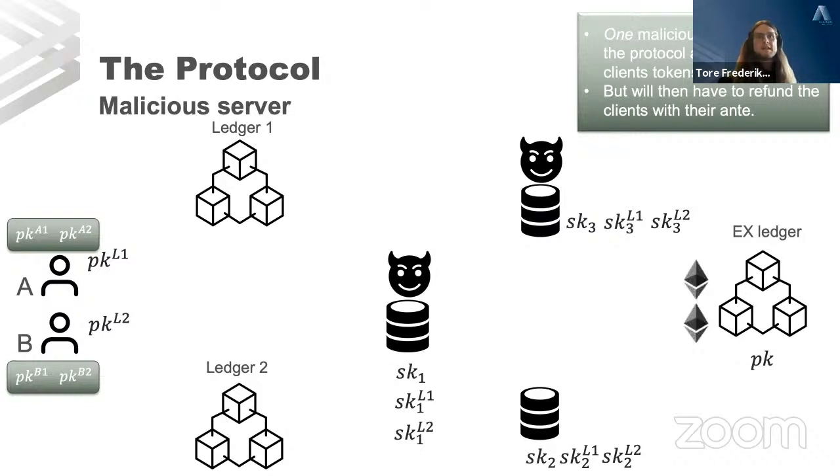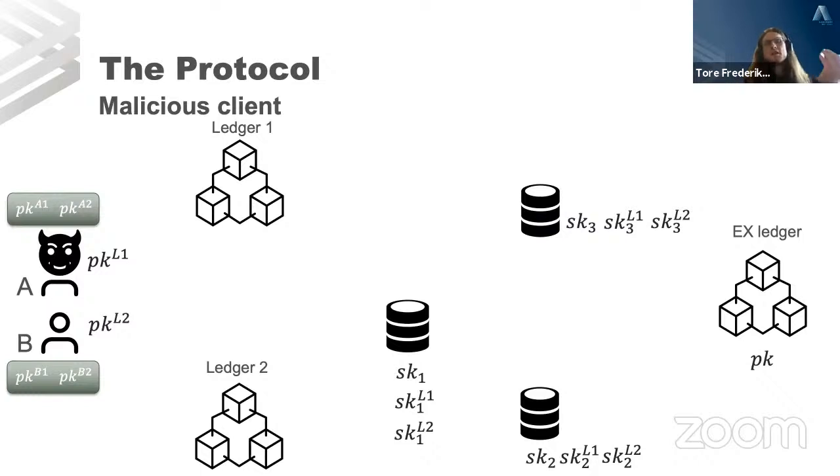This claim will involve the information and the distributed signatures all the servers have previously agreed on, and will thus contain information about which parties have put in ante on the different ledgers. The exchange ledger will then use the ante of the malicious parties to refund the parties whose money got burned.